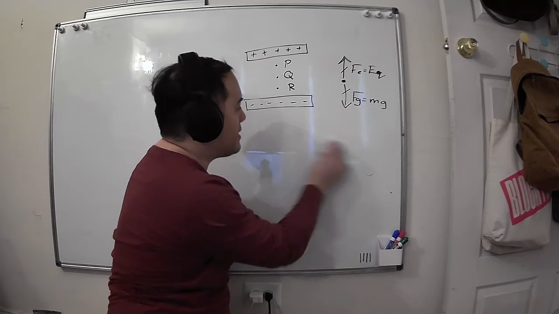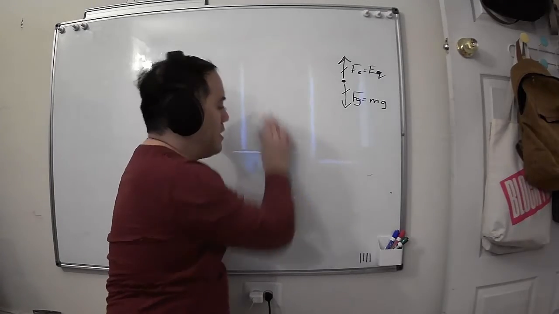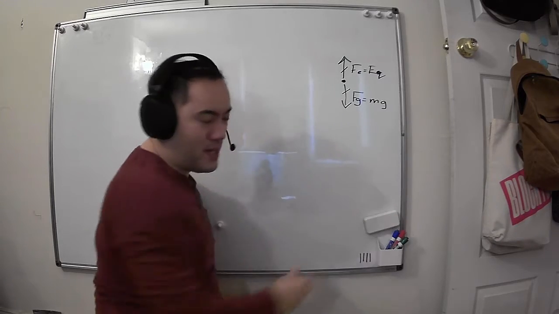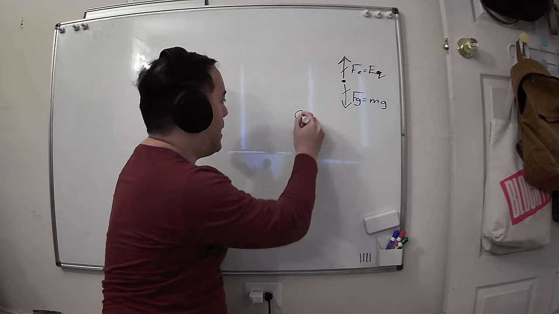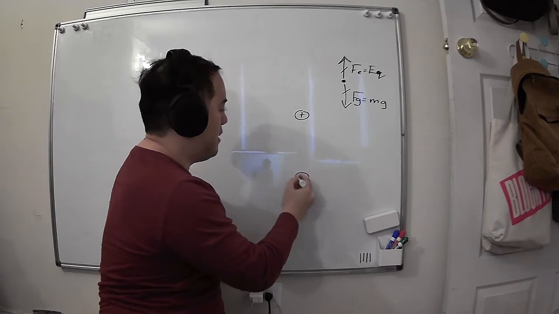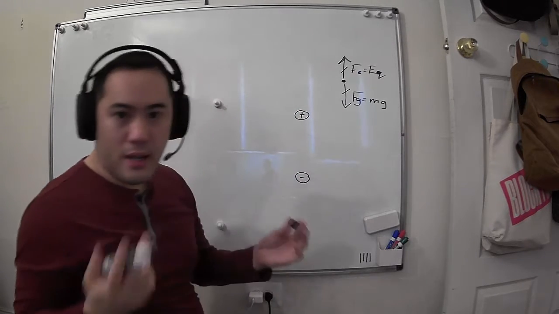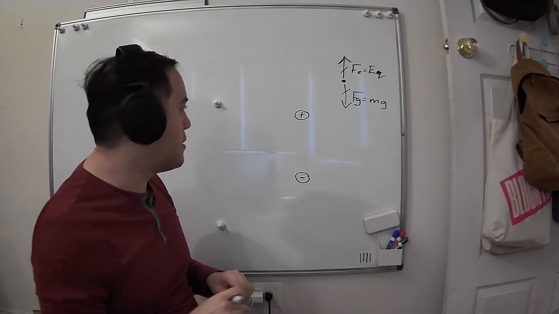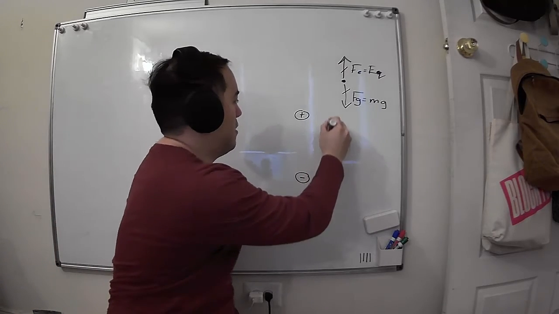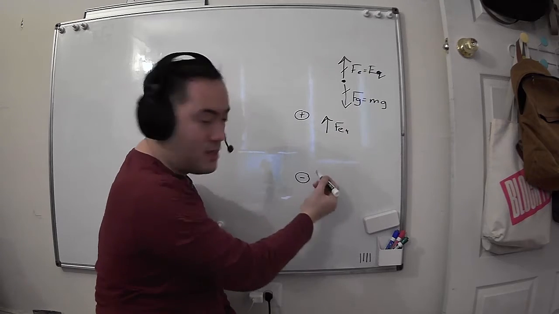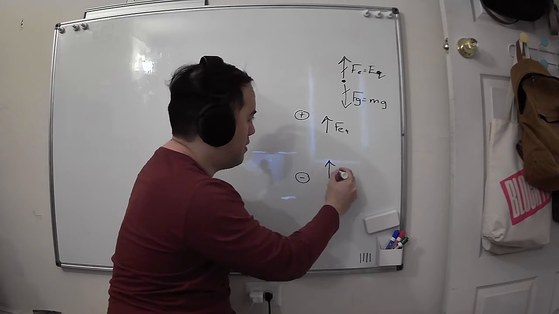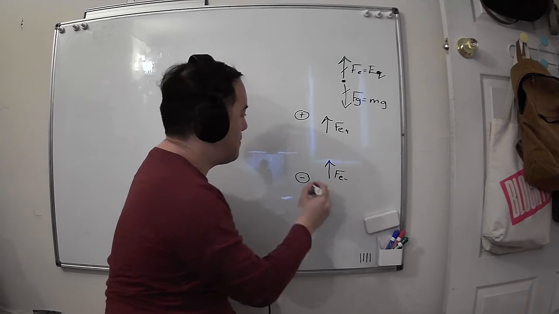He used plates, not point charges. You might think it worked with point charges, but mathematically it just doesn't work out. If you have a positive on top and a negative on the bottom, you can find the force upward. I'll call this Fe plus. And the force from the bottom, Fe minus.